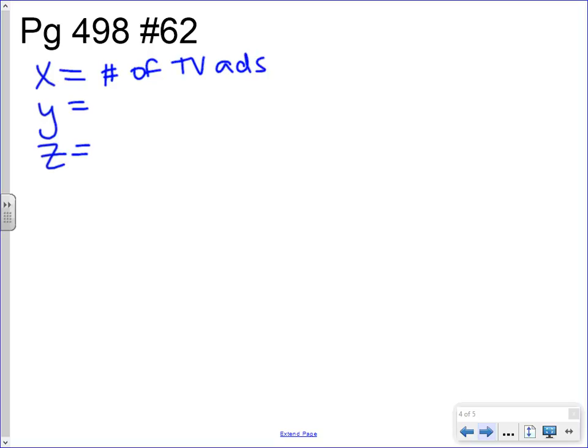Do you see the difference between X equals TV and X equals number of TV ads? There should be some sort of quantitative word that goes along with it. Okay, Y? Number of radio ads. And Z?